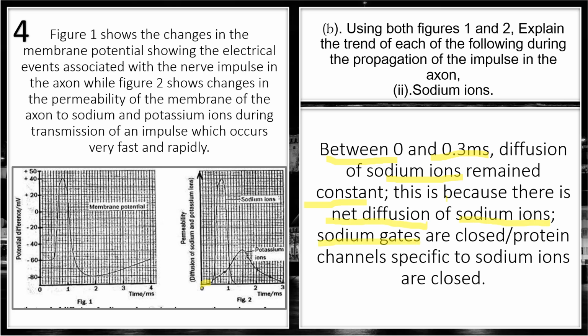The sodium gates are closed, and the protein channels specific to sodium ions are still closed. So from 0 to around 0.3, sodium ions remained constant as the sodium gates and protein channels specific to sodium ions were still closed.